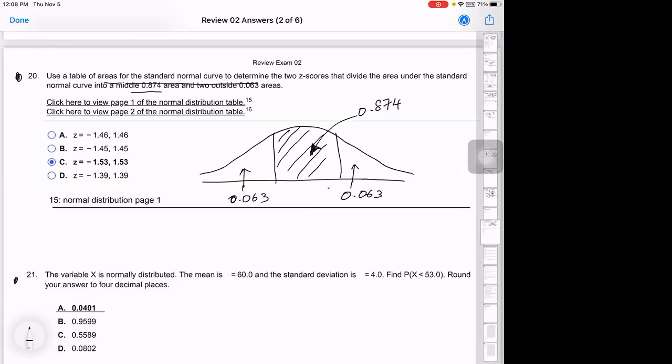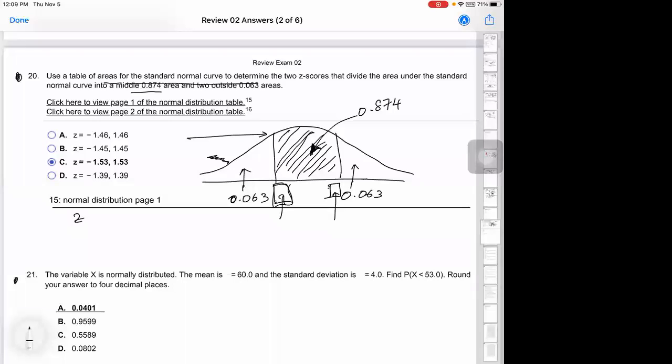What you need to find is the C values which belong to here and here. That's the goal. To find the first C value, you have to find the area from the left-hand side to this point. You know that area is 0.063, so go to the C table and find the C value with respect to this area 0.063.